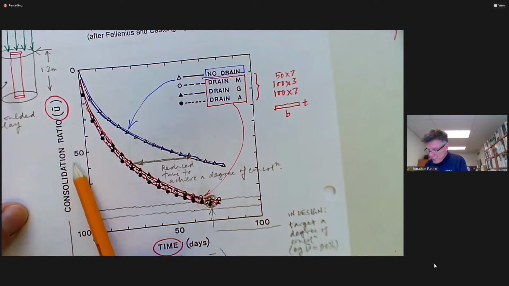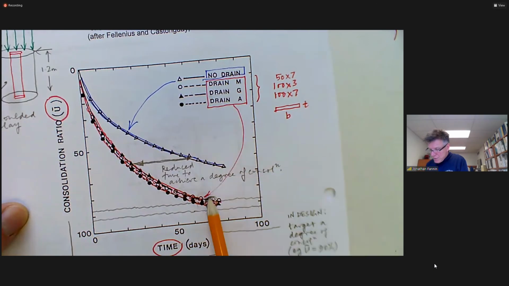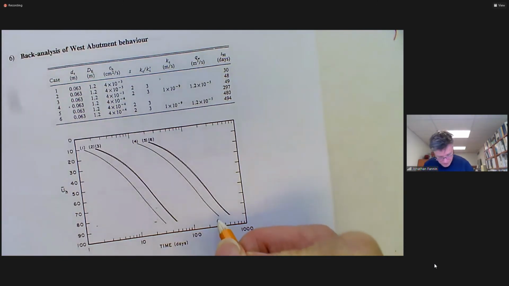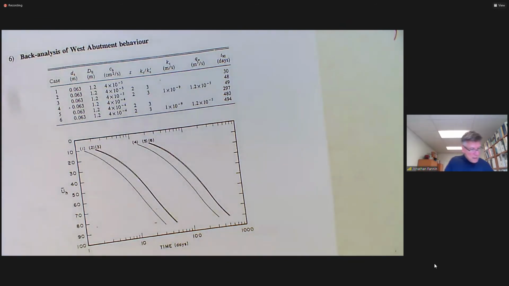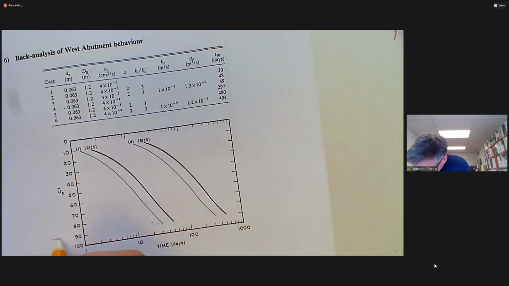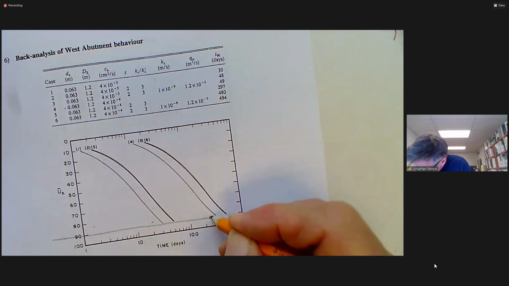There's a relation between U and time that he measured, and there was T90 with the drains in the oil drum. Now what we have is T90 at the Vernon test site, and T90 is 260 days. 100, 200, 260 days.